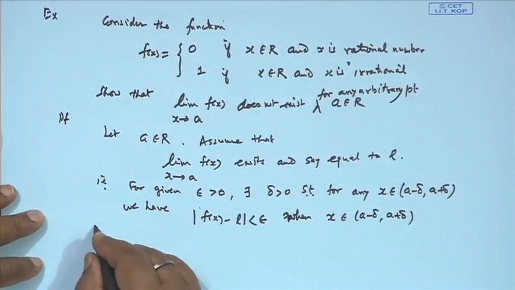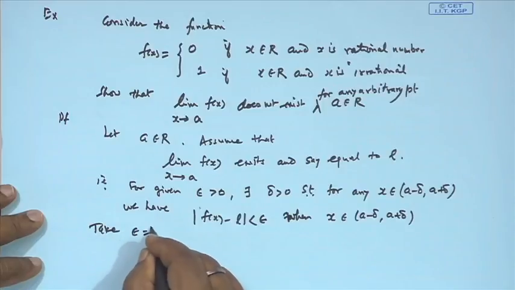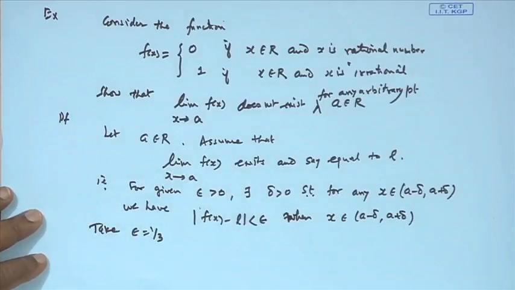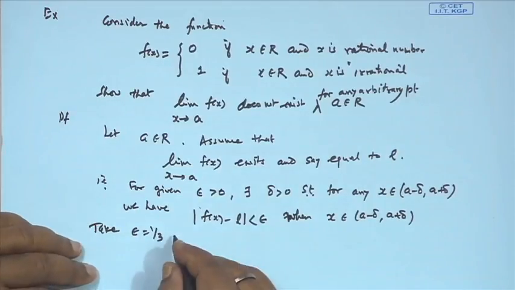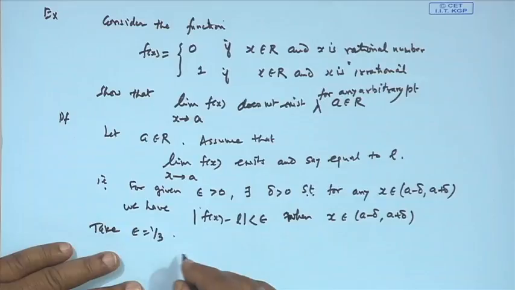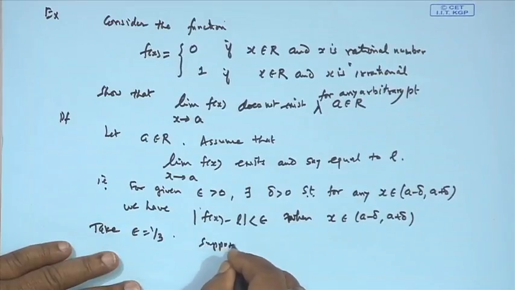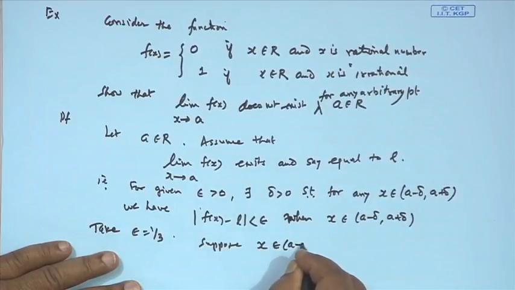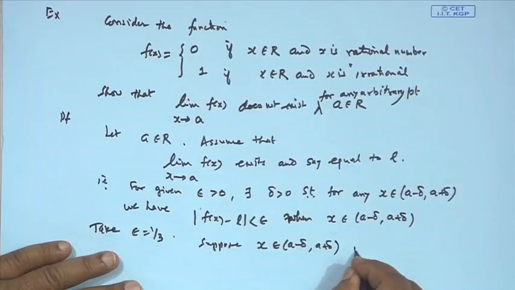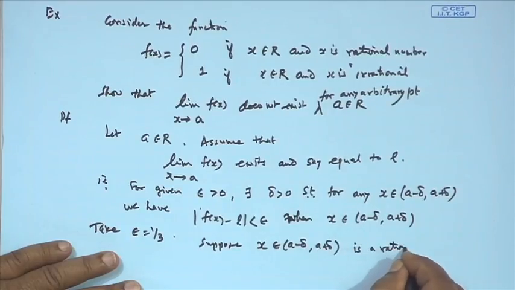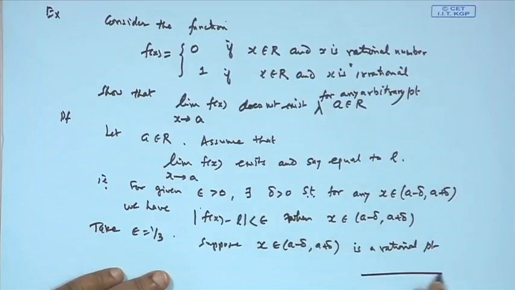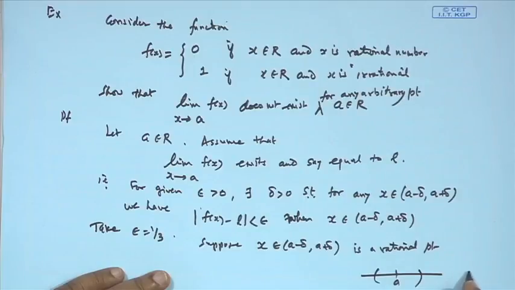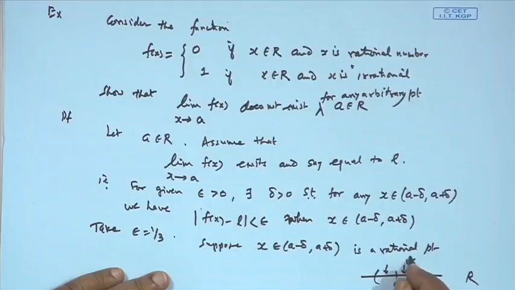So, let us take epsilon to be 1/3, say. You may take any number there, okay, epsilon to be 1/3. And suppose x which is in (A minus delta, A plus delta) is a rational number, a rational point, because in the neighborhood of any arbitrary number A, if I choose any neighborhood in R, then it will involve both rational and irrational numbers.